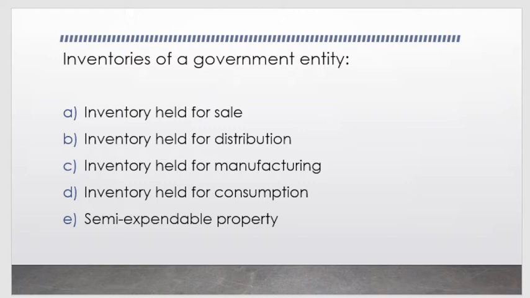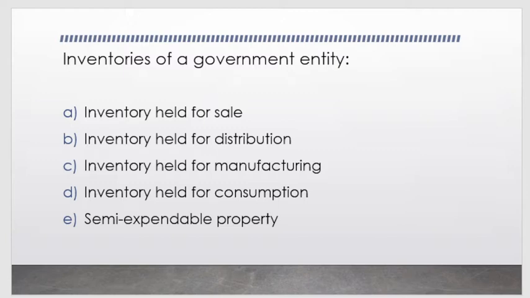Sir, paano po i-record? Debit semi-expendable property and then credit cash, or cash modified disbursement system regular, or accounts payable, ganun. So, ang critical dito is the recognition of the account title semi-expendable inventory. So, yung semi-expendable property, kung titingnan mo sa revised chart of accounts, marami yan.